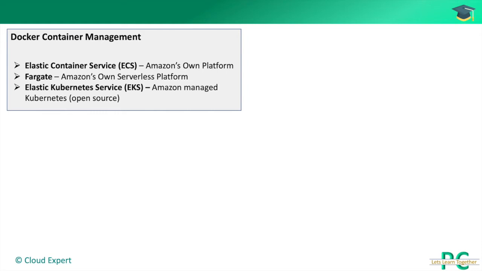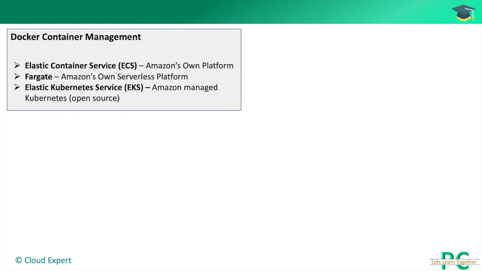Now, if you have to manage not a single container, but a pool of containers, maybe hundreds or 200 containers on a day-to-day basis, then EKS, or Elastic Kubernetes Service, is the right option for you. Kubernetes was originally developed by Google, but now it's an open source container orchestration system for automating application deployment, scaling, and management.